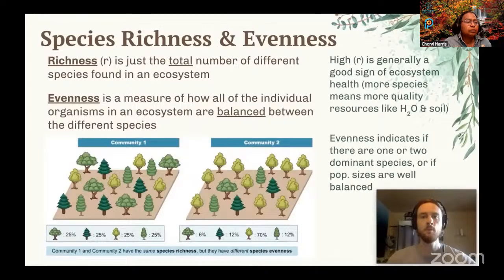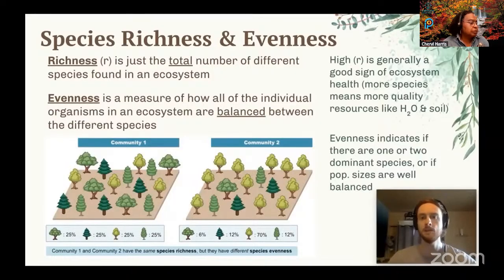But if we want to look a little deeper at species evenness, what we'll see is that community 1 has a higher species evenness. And that's because the organisms in community 1 are evenly distributed throughout the 4 species. So there are 25% of each of these 4 species making up the ecosystem. Whereas if we look at community 2, it's dominated with 70% of the total organisms in the community belonging to one species.